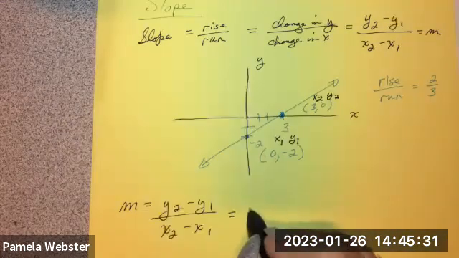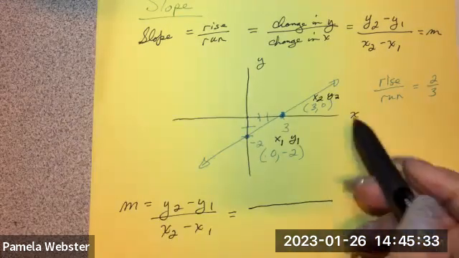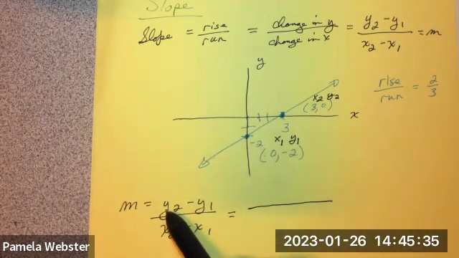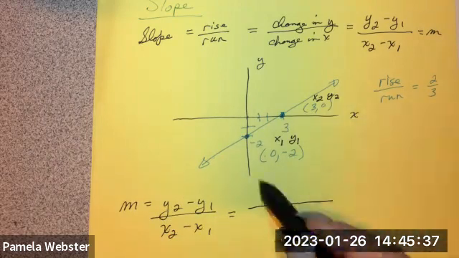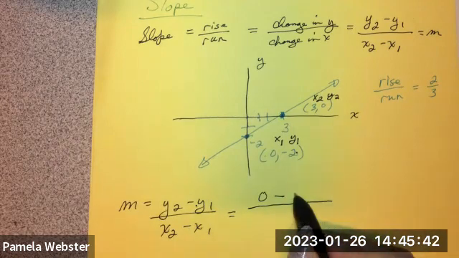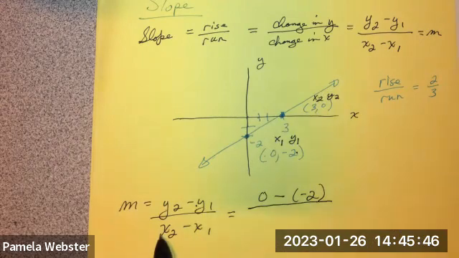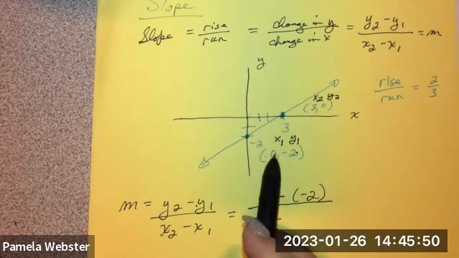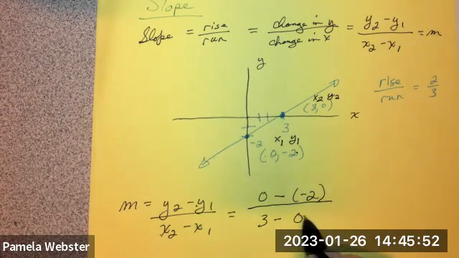Okay. If that's the case, then I'm going to start here with y sub 2 because that's what the formula tells me to do. And that's a 0 minus y sub 1 here, which is -2. Okay. X sub 2, which is how I start the bottom, is a 3 minus x sub 1, which is a 0. And it does not matter which one of these points I used first.